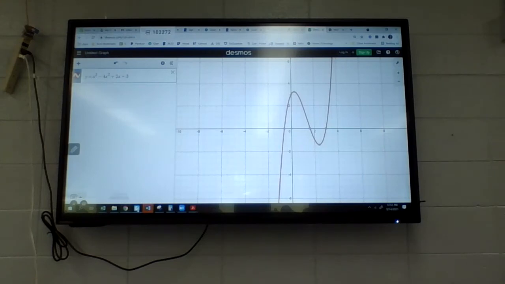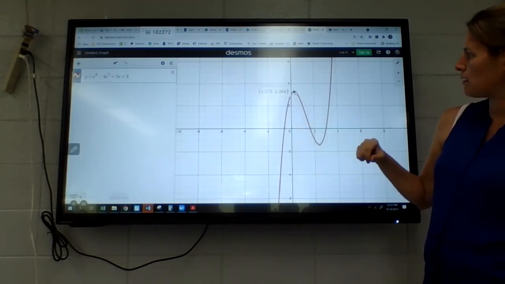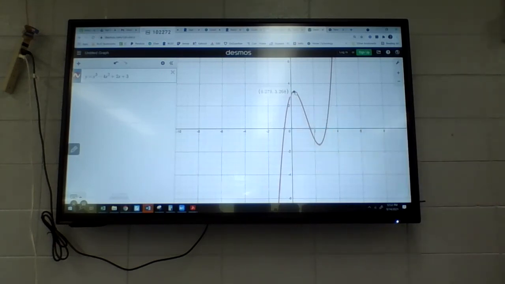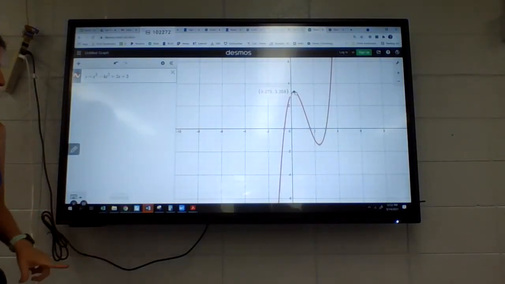Can you guys tell when it switches? What was that, 1.3-ish? Are you guys able to find that? So if you're getting used to this, are you finding that by tracing? Actually, did I type it in wrong? No. So is that 0.3-ish? Is that what you said? I just said 1.3-ish. I don't know. Is it increased to 0.3 about? Okay. 0.2, if you want to go, I don't know how exact yours gets.